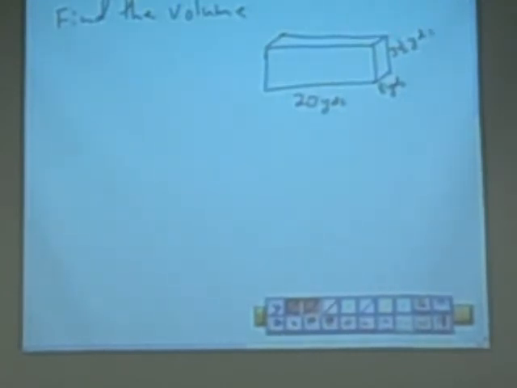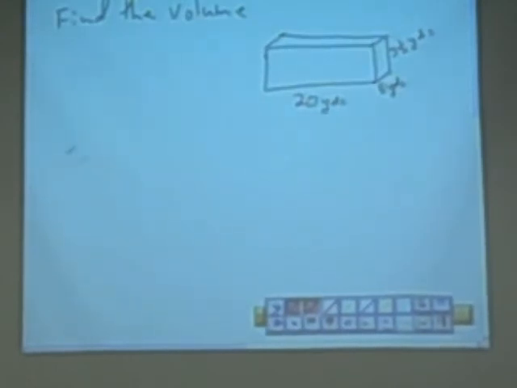And we want to find the volume. Okay, so in the worksheet, normally they'll just go ahead and tell you what the length, width, and height are, but I went ahead and put it in the shape already for you.